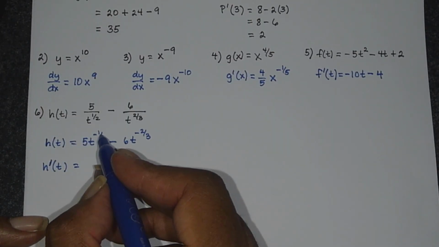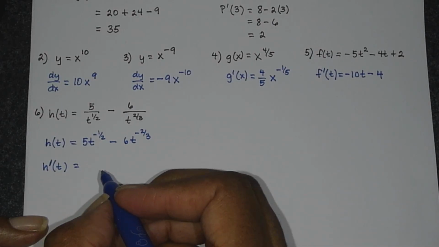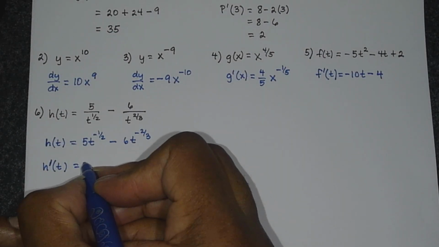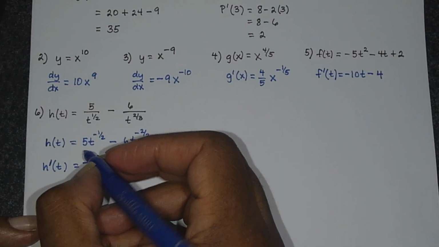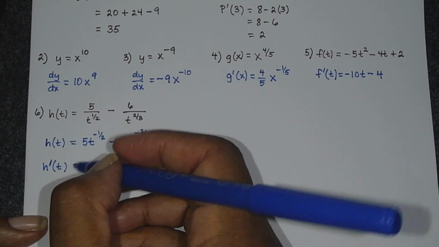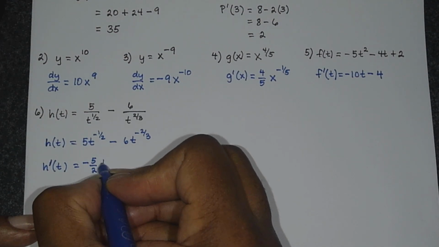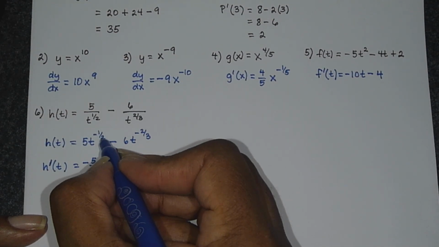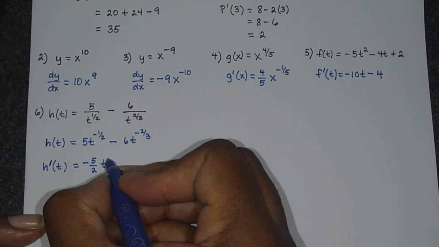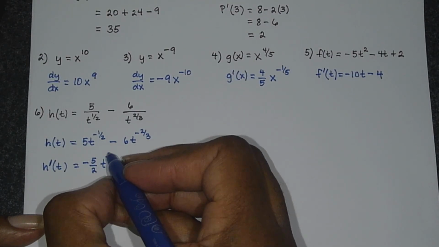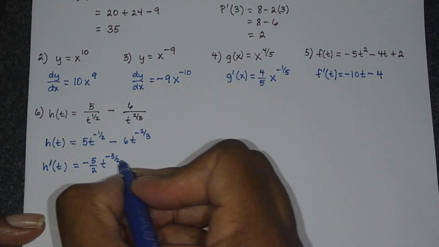Using the power rule, if I bring the power down, negative 1/2 times 5 would be negative 5 over 2. Then you copy the t down to the negative 1/2 minus 1, which is what? Negative 3 over 2.